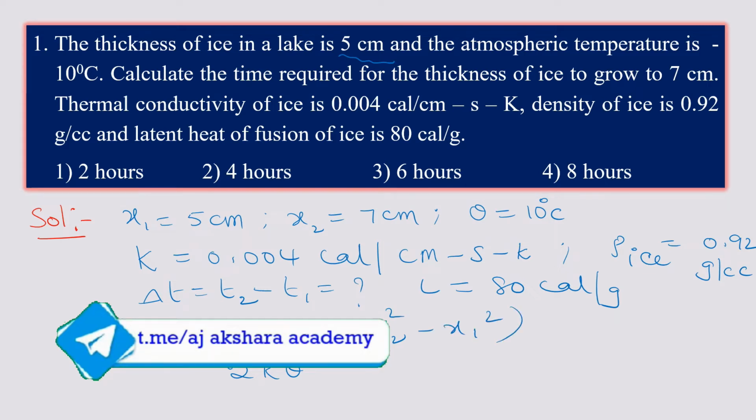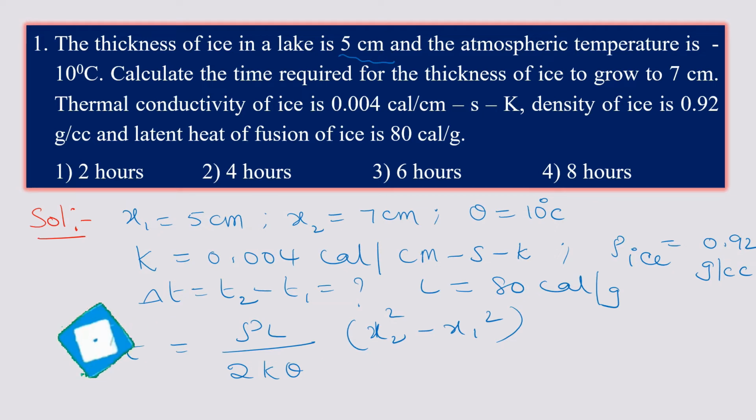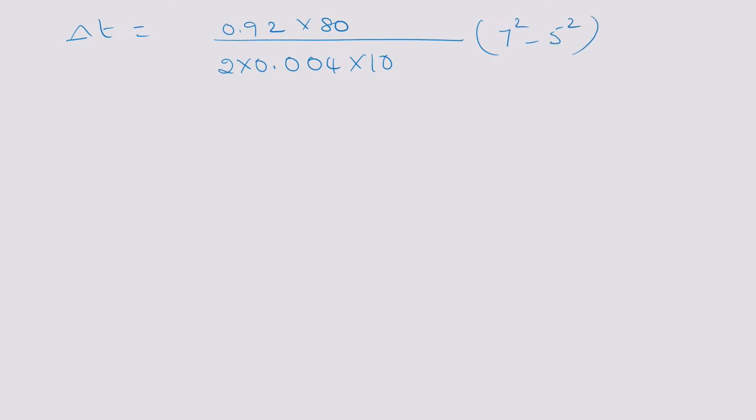Now substituting values in this we get delta T is equal to, rho is nothing but 0.92 into 80 by 2 into 0.004 into 10 of x2 square minus x1 square, that is 7 square minus 5 square.